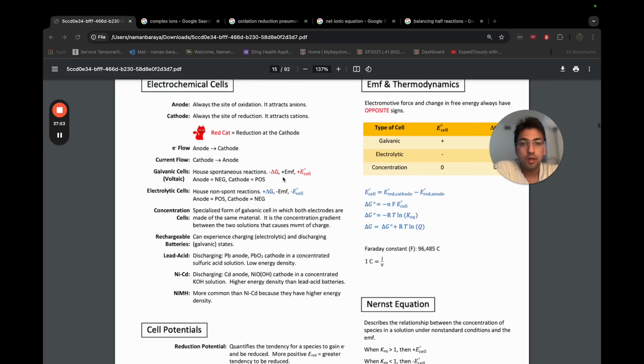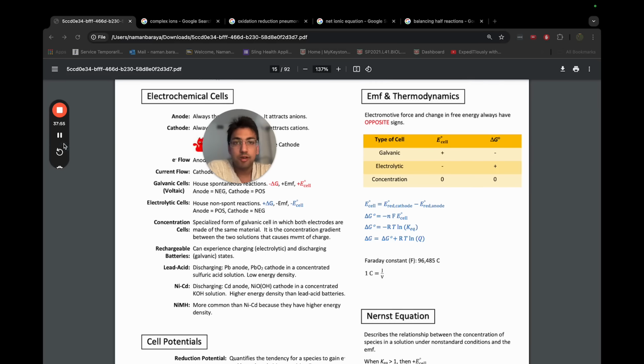Okay, now we are into EMF and thermodynamics, and it's important to understand that these two are very related. It's just the opposite signs. In this equation there's a negative sign, which is kind of unfortunate and makes things confusing. But basically, when E is positive, that means it's spontaneous, and when it's negative, that means it's non-spontaneous.